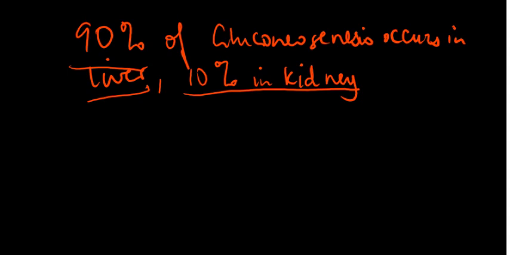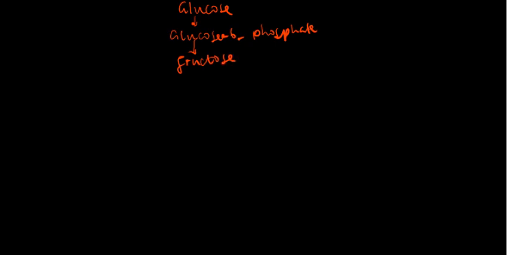Alright, so we're also just going to do a brief recap on glycolysis so that you're able to see how we are able to build up from there. Remember, in glycolysis we said it starts from glucose. Next, glucose is phosphorylated, so it becomes glucose 6-phosphate. From glucose 6-phosphate we now have fructose 6-phosphate.